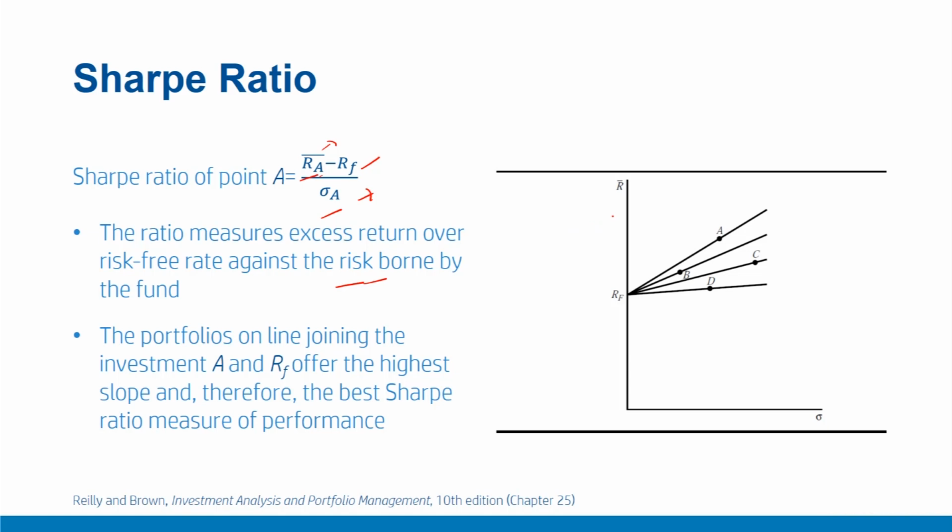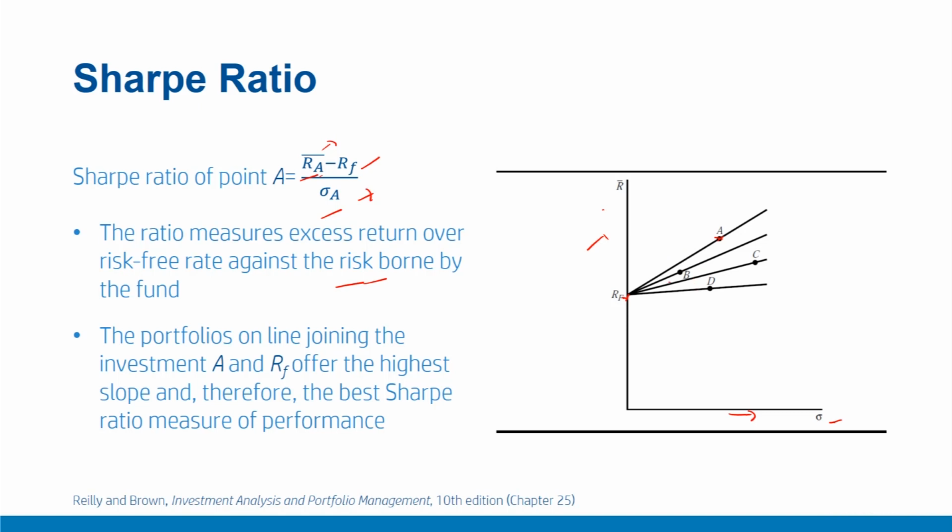This can be easily understood through the following diagram here. Notice that on y-axis we have excess returns, on x-axis we have risk in the form of standard deviation sigma. In that case, Sharpe ratio is nothing but the line joining risk-free asset and the asset itself.